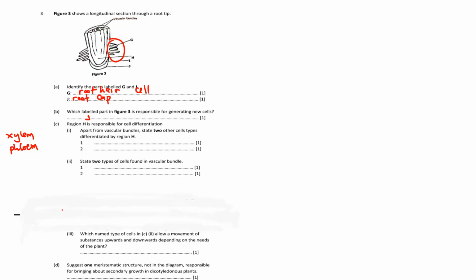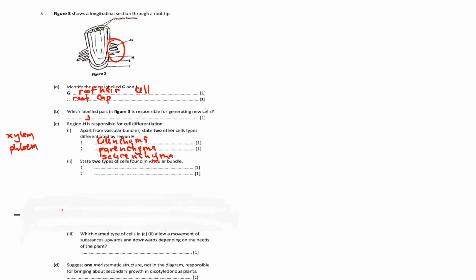So we can talk of what we call the parenchyma, collenchyma. So we have the collenchyma, we have the parenchyma, and we have the third one, which is the sclerenchyma. So these are other cells that are differentiated by region H.